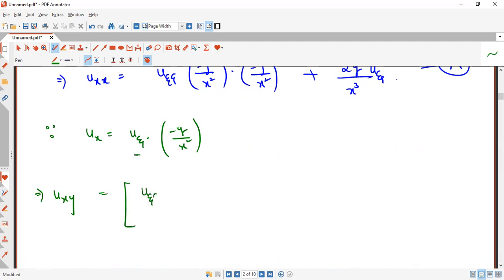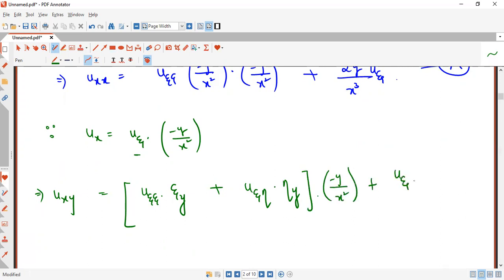So if I differentiate with respect to xi, I have to differentiate xi with respect to y. And if I differentiate u xi with respect to eta, I have to differentiate eta with respect to y. Minus y upon x square as it is. Now according to the product rule, I keep u xi as it is. Minus y upon x square differentiated with respect to y will become minus 1 upon x square. Correct?